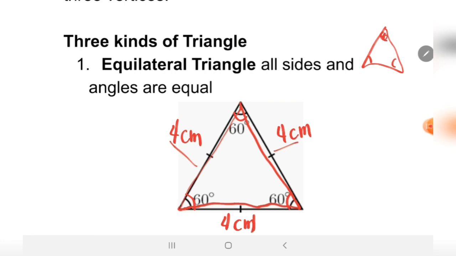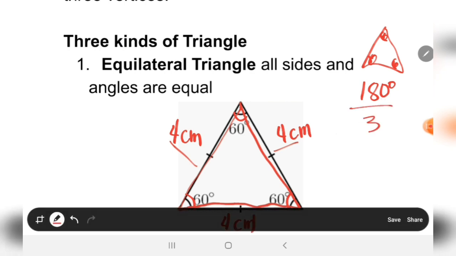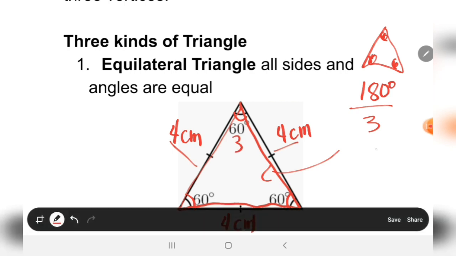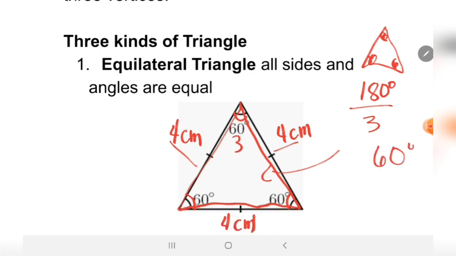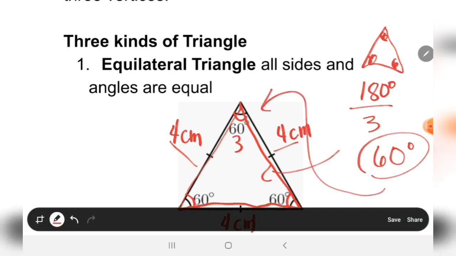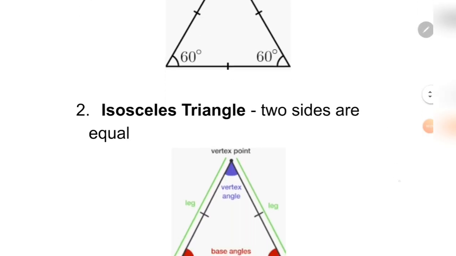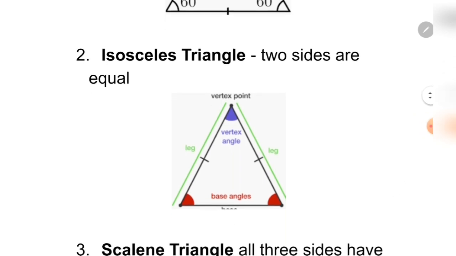Because we know that in a triangle, the total of the angles is 180 degrees. 180 degrees divided by 3. Why do we divide by 3? Because there are 3 equal angles, and we get 60 degrees. That's why we have three 60 degree angles here. Okay, so that's all. We move on to the next one.